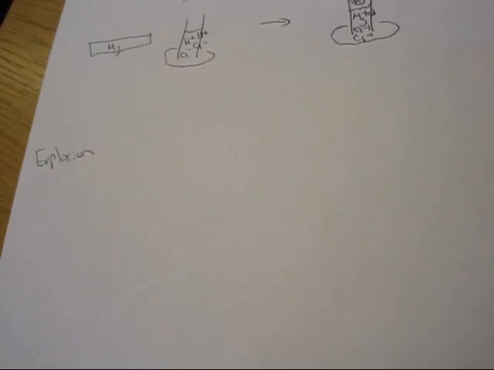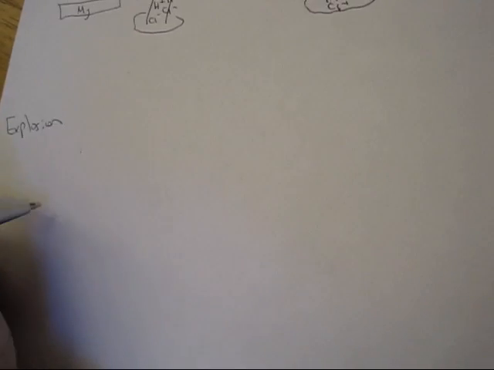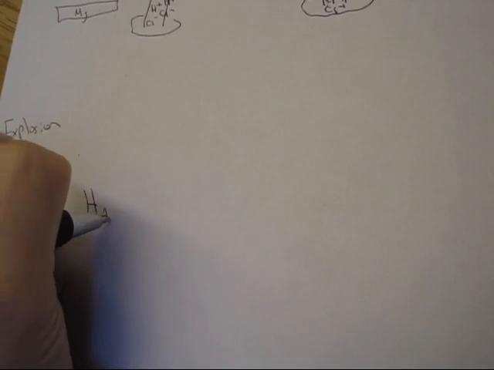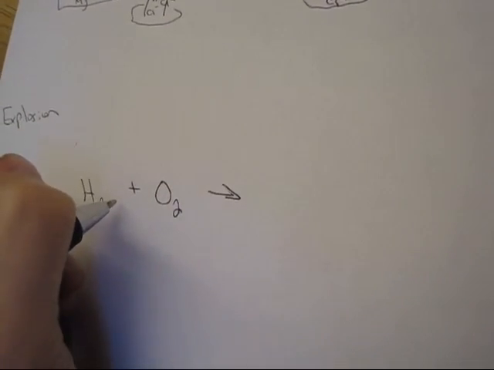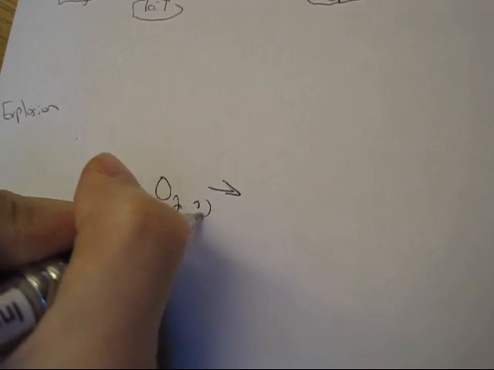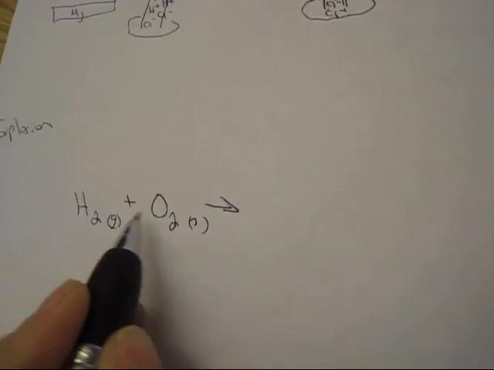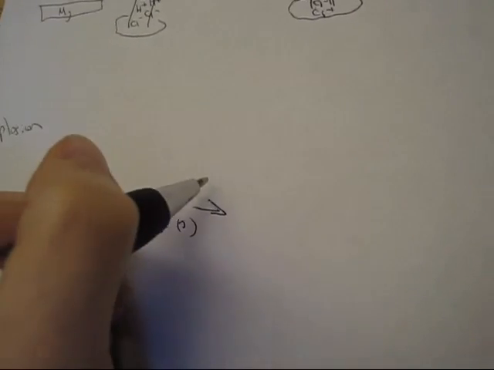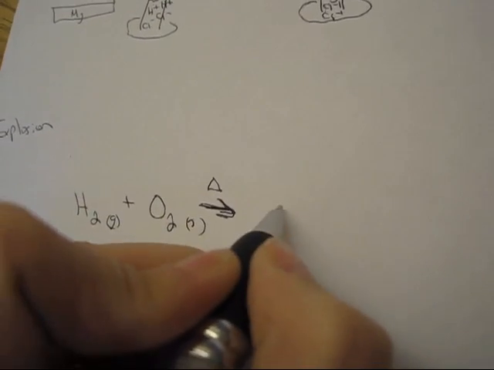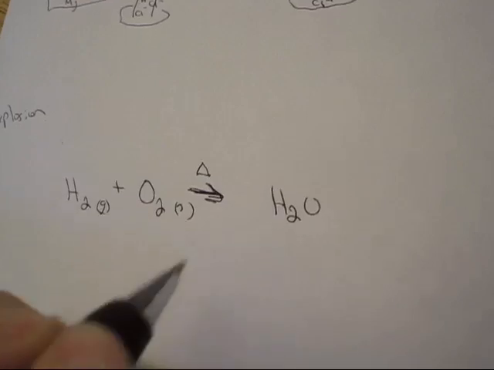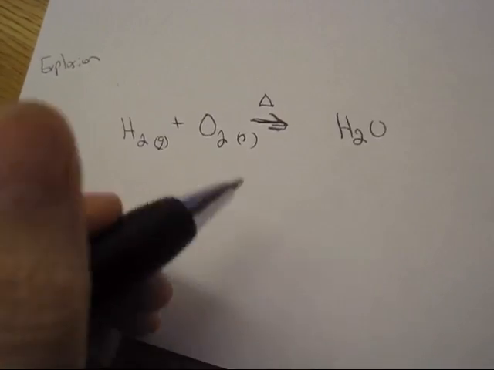Now the explosion was another type of reaction. It was hydrogen plus oxygen, and we know that these gases are always diatomic, and we'll put G's for gases. And they came together. We needed a flame, so a triangle actually indicates that we added heat to the reaction, and we created water. And we did this with a flame.